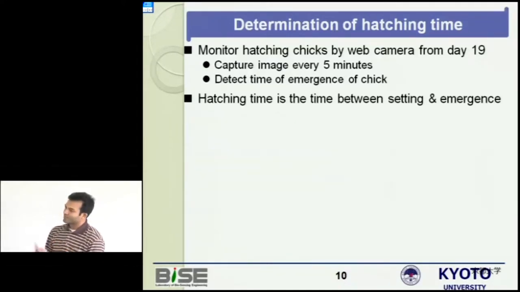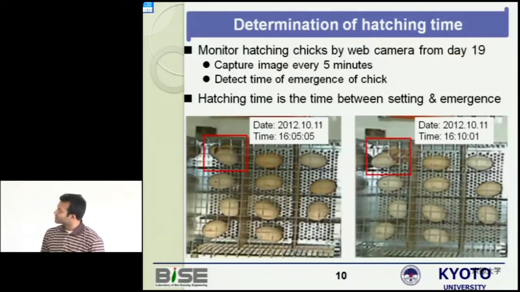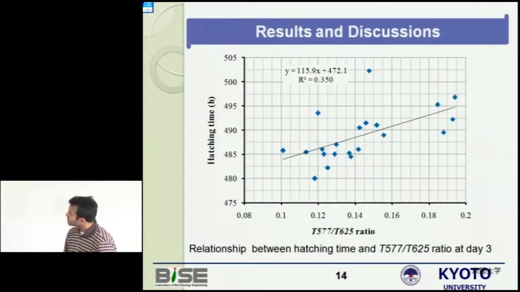From the time of emergence of the chick and the time of setting the egg for incubation, we calculate the hatching time. These are two consecutive images for one hatching chick, and from this we calculate the hatching time for the respective chick.